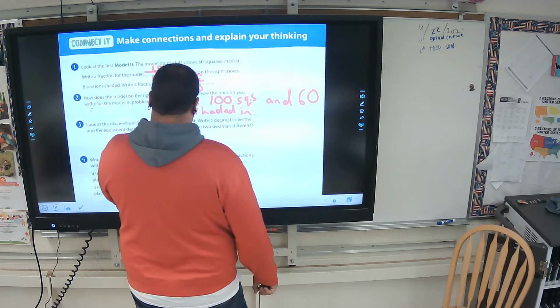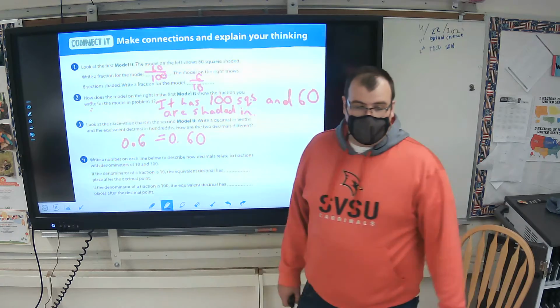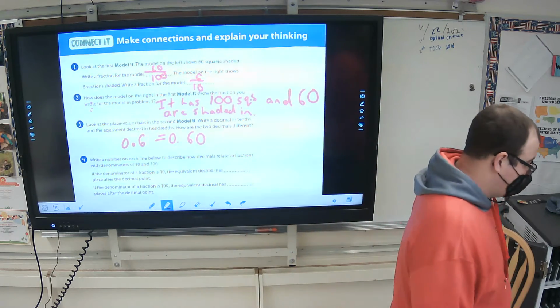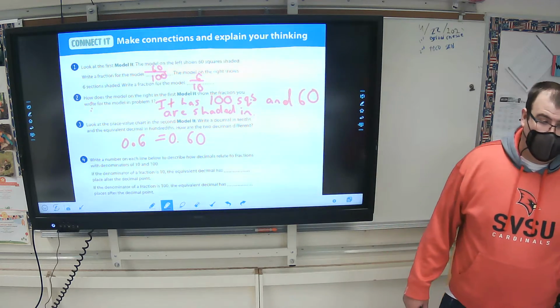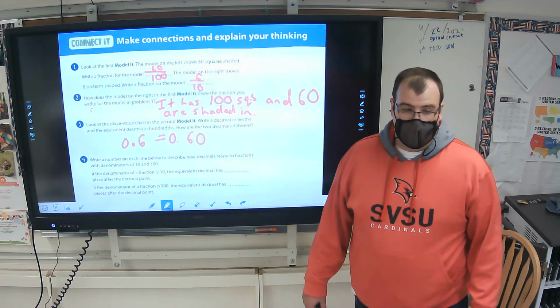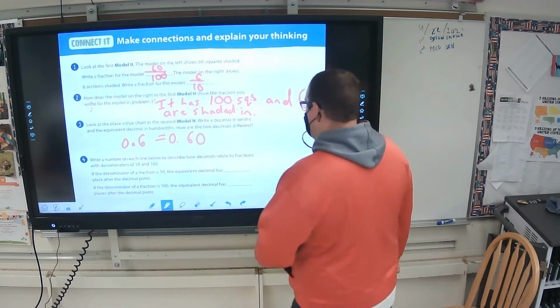So it's equal to 60 hundredths. What's different about those two? One has a 0 at the end. 0 in what place? One has a 0 in the hundredths place, right?